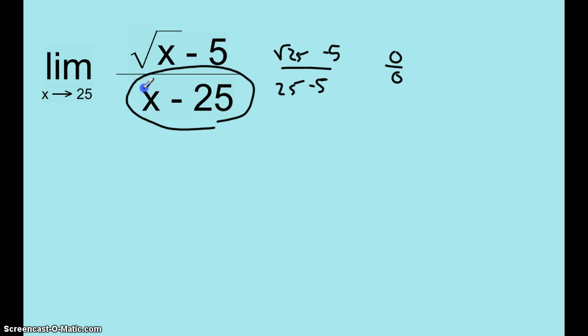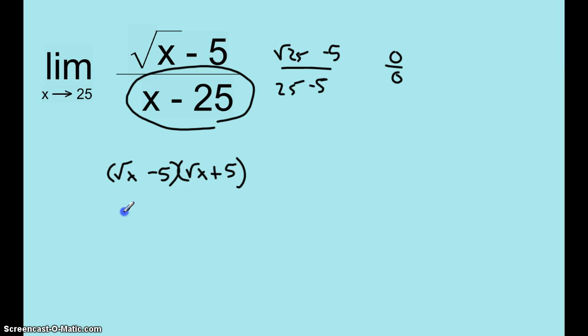Okay, if this is a perfect square, what do you multiply by to get x? Well, that would be root x. So root x minus 5 times root x plus 5.